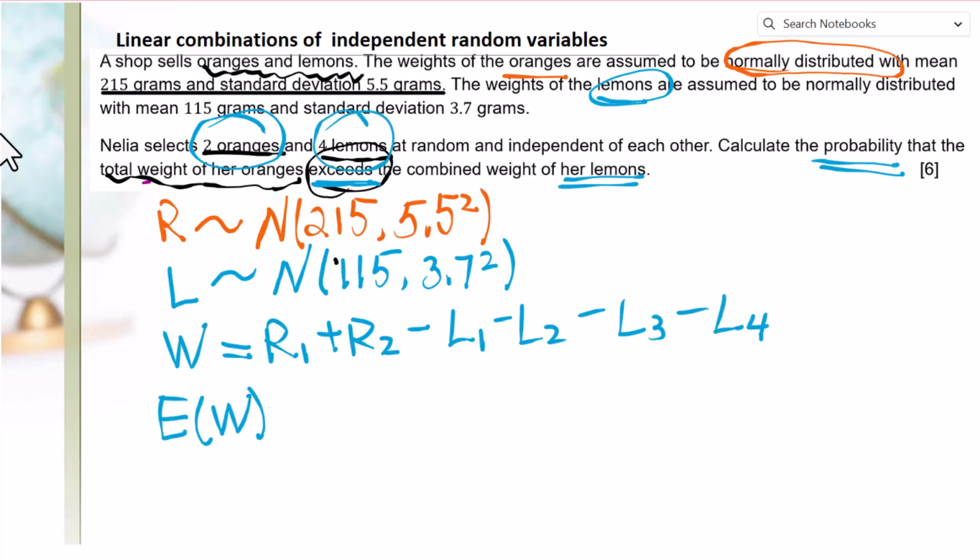E of W equals 2 times 215 minus 4 times 115 equals -30.